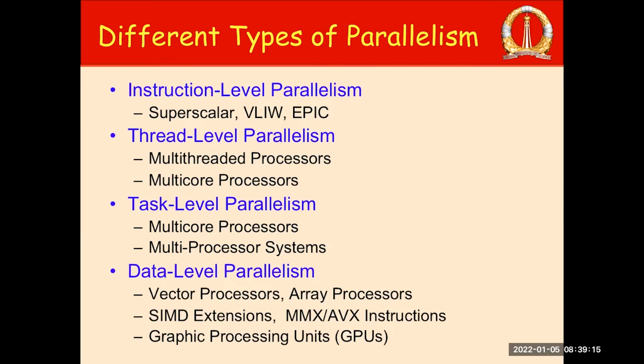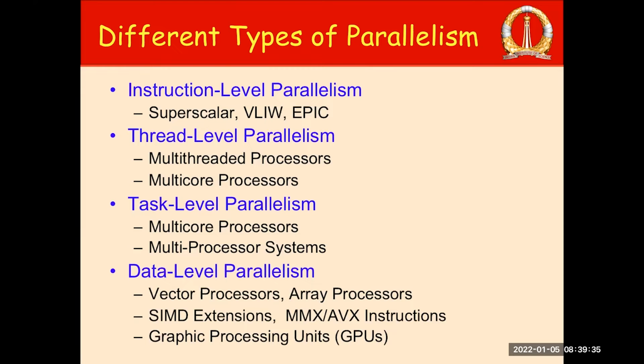Then, of course, we can talk about data level parallelism, which was originally exploited in the earlier days in vector processors and array processors. Subsequently, vector parallelism or data parallelism was exploited in the form of SIMD extension instructions.